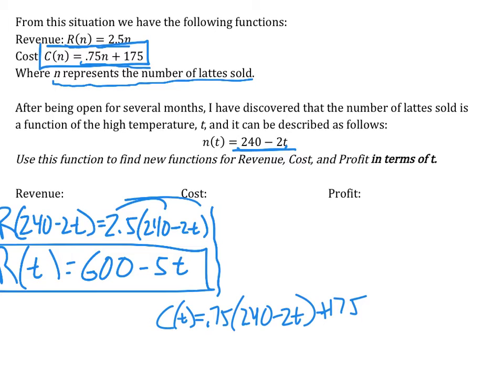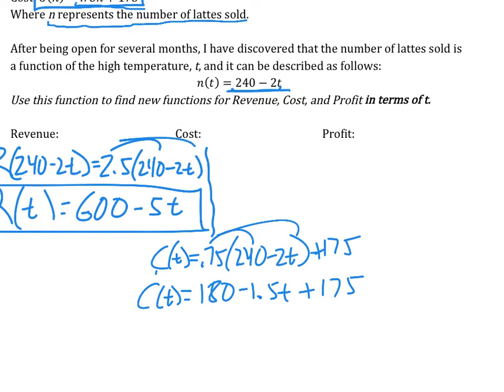We can distribute this here. We get C of T, and this is 3/4, so that's 180 minus 1.5T plus 175. Combining like terms, we get our function, C of T, equal to 355 minus 1.5T.